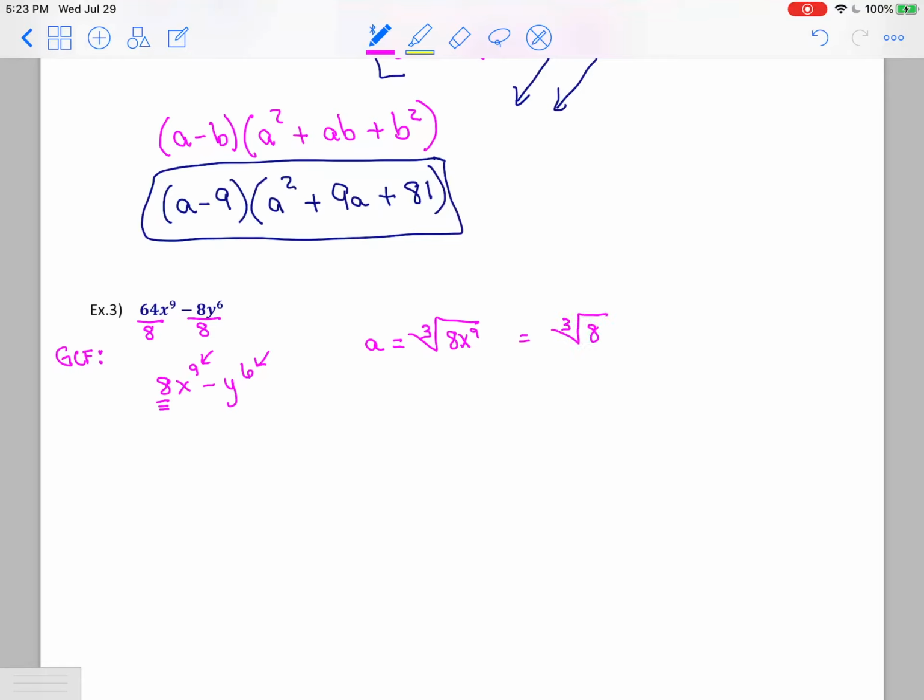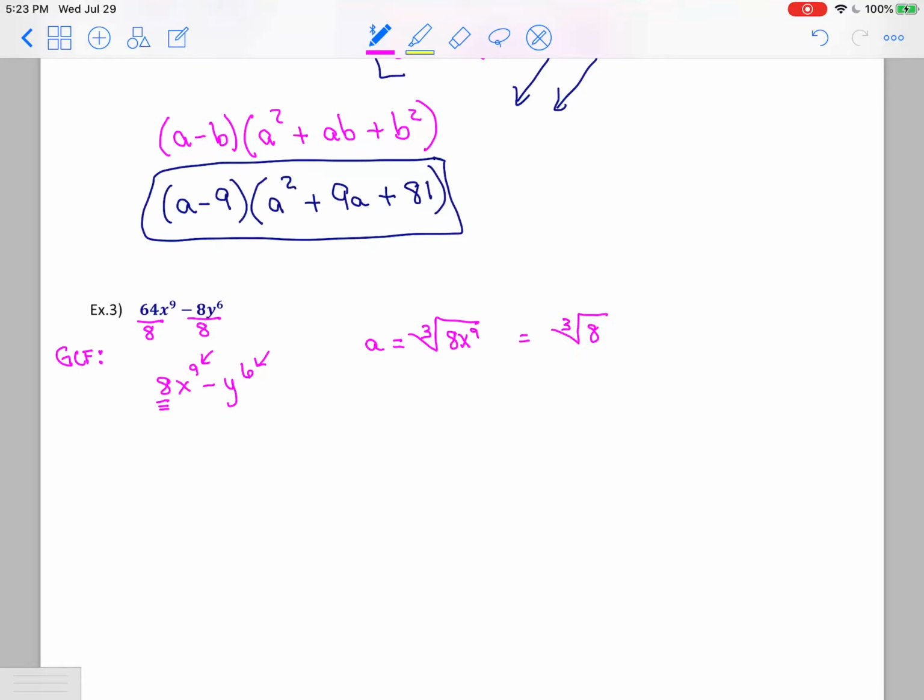So this is our formula, and let's just start plugging. So a is 2x cubed minus y squared. Okay, it gets a little tricky here, so be careful. You got to go slowly here. So we have a squared. So a is 2x cubed, and we have to square that.